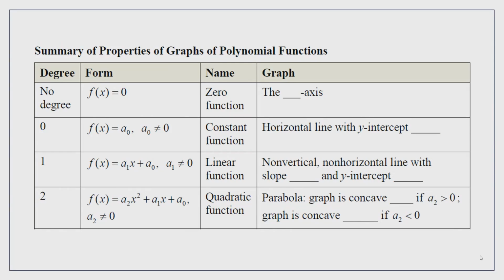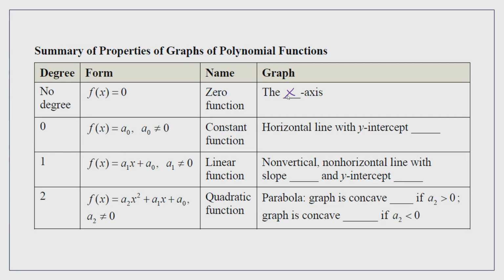So, a summary of properties of graphs of polynomial functions. When you have a polynomial function of no degree, its form will be written as f of x equals 0. This is called the zero function, and on the graph, it would be the x-axis. Okay?